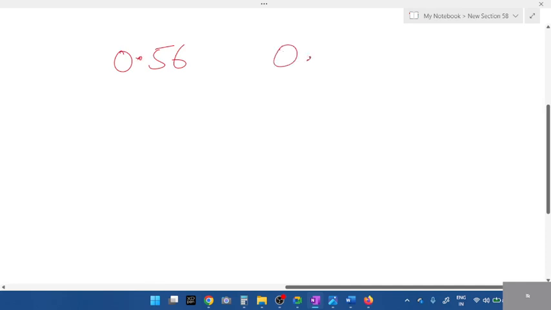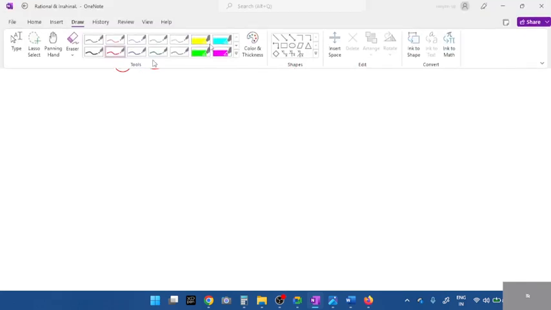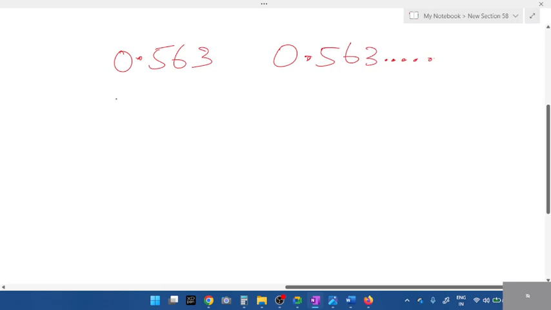If they give a question like this, 0.56 and 0.563 dash, which is rational and which is irrational here? Which one ends? Tell me, for the first one, does it have any dots here? Continuous dots? No. It has ended, students.